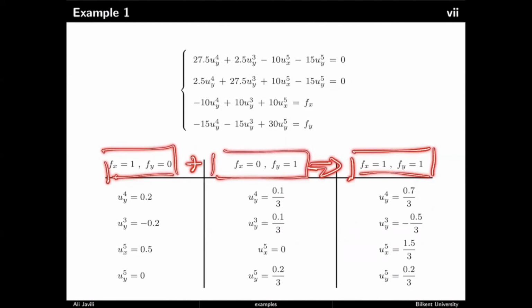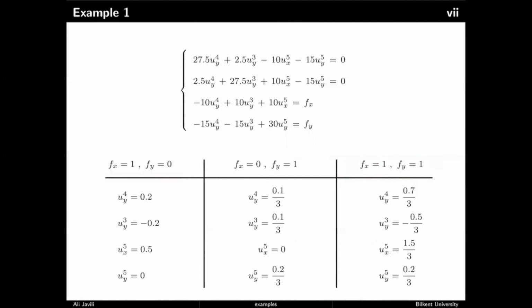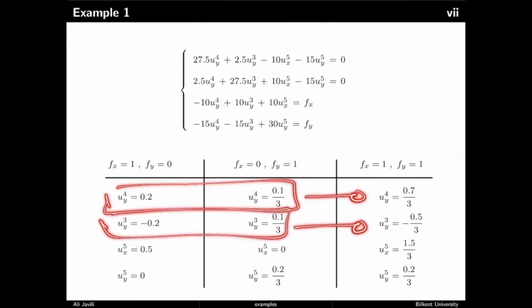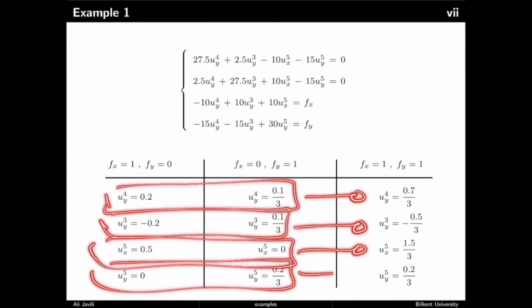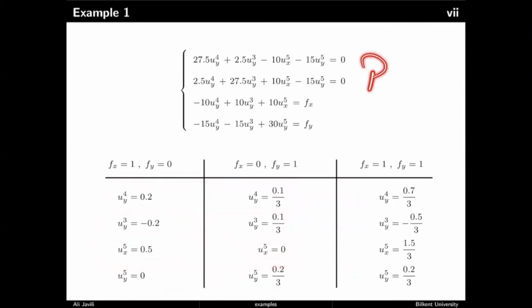We call this the principle of superposition in ME 231. So if you have forgotten that you had superposition, you solve this. If you don't, you can use superposition. You don't really have to solve this. You just add these two together, you get this; add these two together, you get this; and so on. This is basically the principle of superposition.